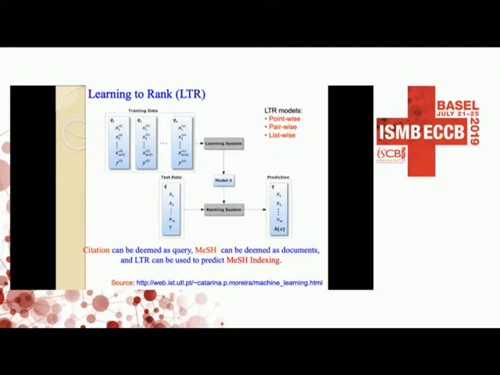When the testing data comes, given a query and a lot of documents, we use the learned ranking model to rank the documents. In our case, we can deem the citation as the query and the MeSH terms as the documents. Then we rank the MeSH terms, and can predict the MeSH labels for each document.